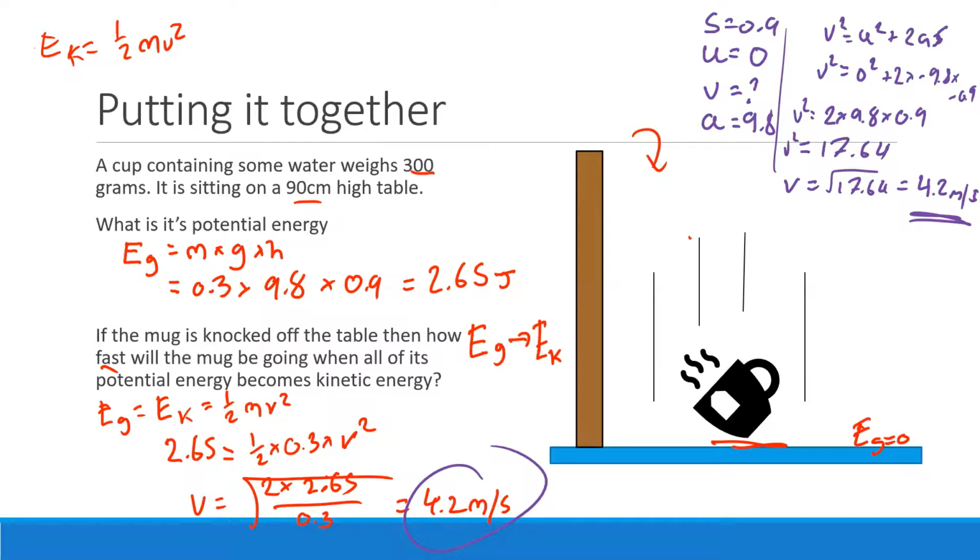But what I really want you to understand is that, yeah, sure, we've got this new formula for kinetic energy and potential energy, but they are based, at some point, on our kinematic formulas. These formulas have to be linked. So this is a great way for us to quickly and easily figure out what our final speeds are. But ultimately, you can even look at this in different ways.